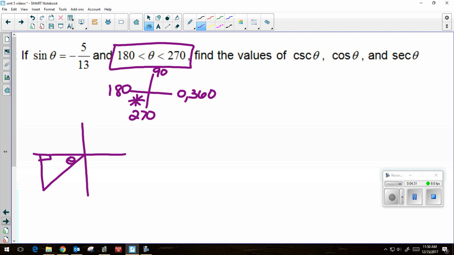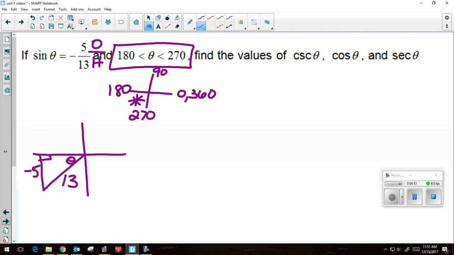Sine theta was given to us in the question, opposite over hypotenuse. And it's a negative. Your hypotenuse will always be a positive, so that negative is going to go with the 5 because I'm going down on the y-axis, and my 13 is a positive.